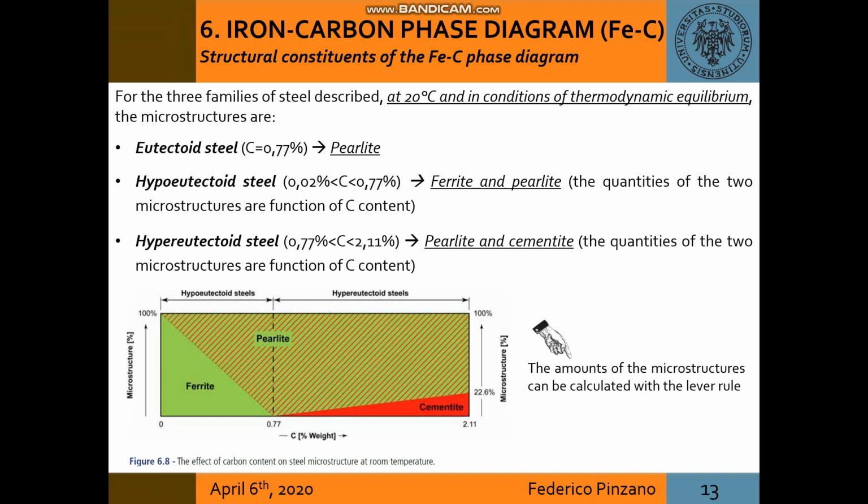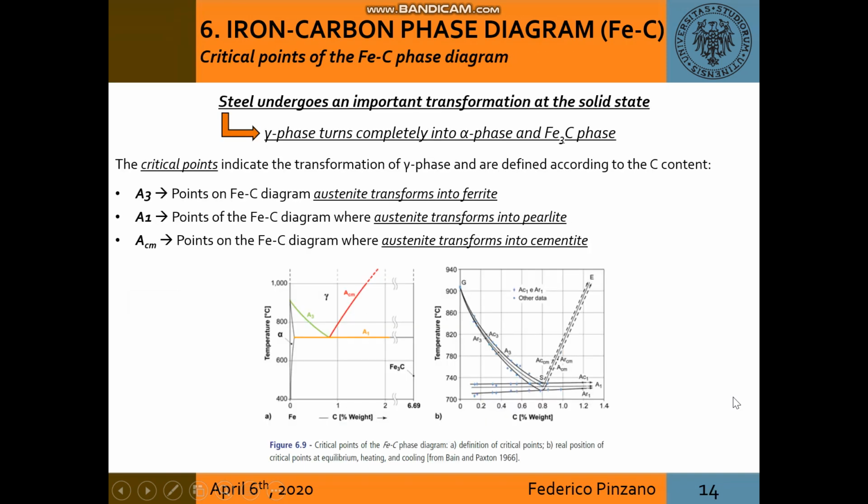So, at 20 degrees Celsius and in conditions of thermodynamic equilibrium, the microstructures are composed of perlite for eutectoid steel, ferrite and perlite for hypoeutectoid steel, and perlite and cementite for hypereutectoid steel, with the various amounts that can be calculated always with the lever rule.